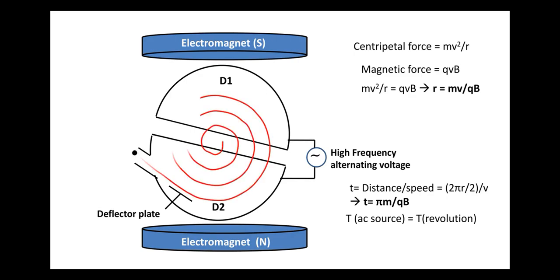It moves in a spiral path, and at the end of that journey the particle is pulled out by the negatively charged deflecting plate. So in this way the cyclotron works.